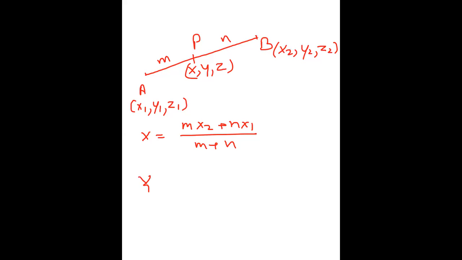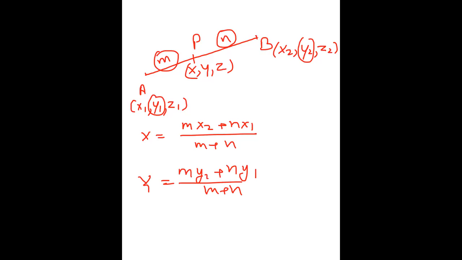Same for y, it was my2 plus ny1 upon m plus n. z equals mz2 plus nz1 upon m plus n.